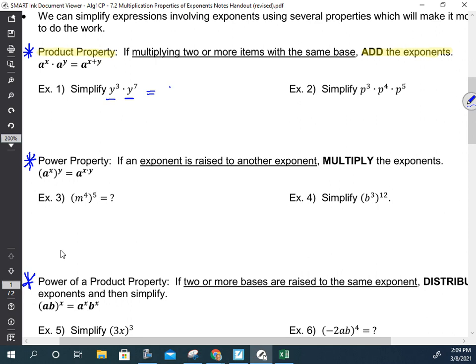So that means you're going to keep the base and add the exponents. That's simple enough. 3 plus 7 is 10. So that's y to the 10th power.